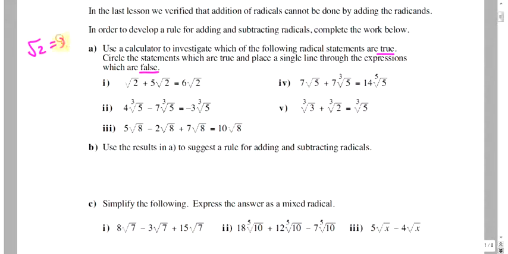I'm going to say root 2 is x. So I have root 2 is x, and 5 root 2 is 5x, is 6 root 2 is 6x. Does that work? Yeah. x and 5x is 6x. Okay? Is that helpful? Sure.